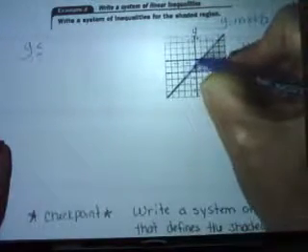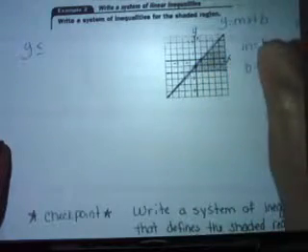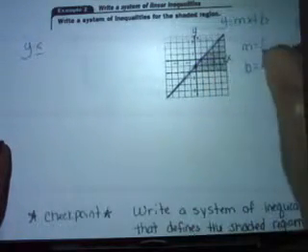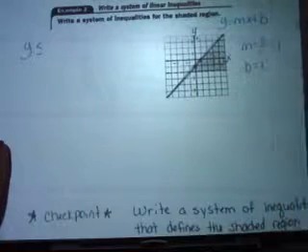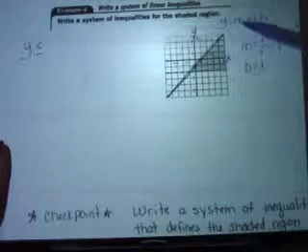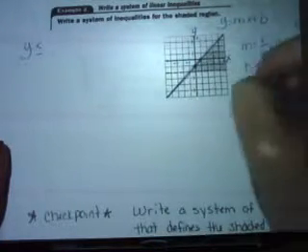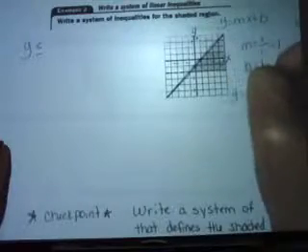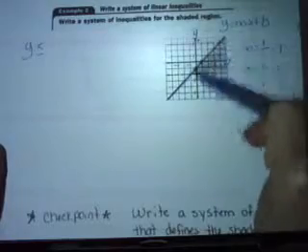I can see I'm going up 1 and then over 1, which reduces to just 1. If I plug in my slope and y-intercept, I have y equals x plus 1. But it's an inequality, so it's really y is less than or equal to x plus 1. There's your first inequality.